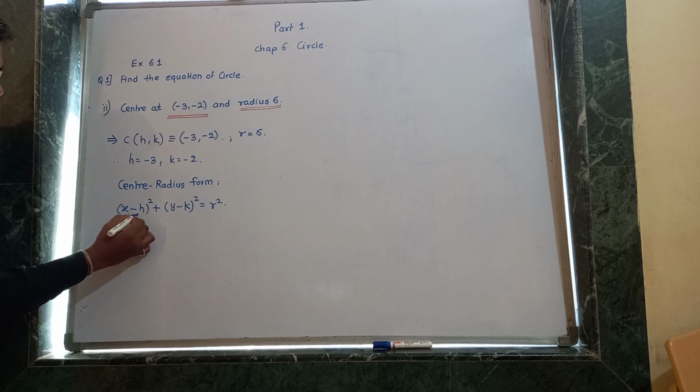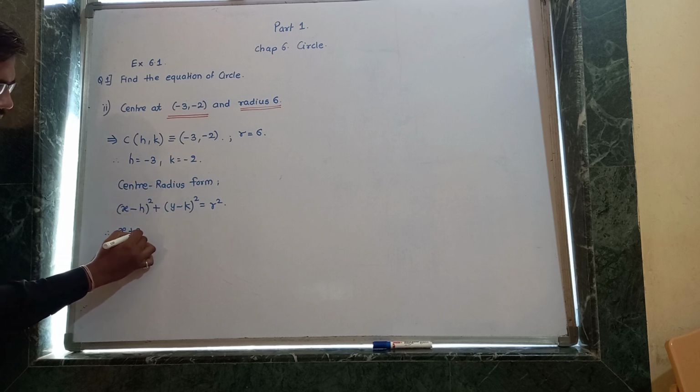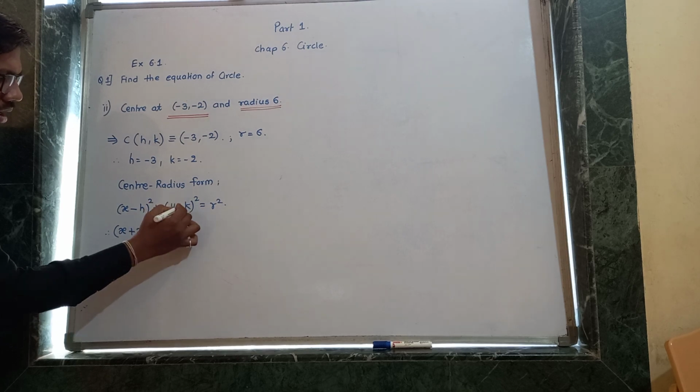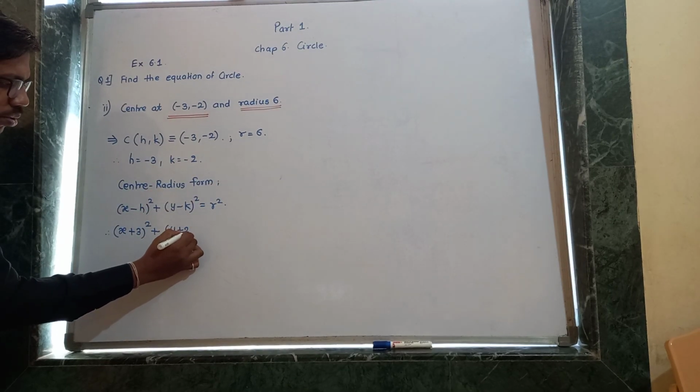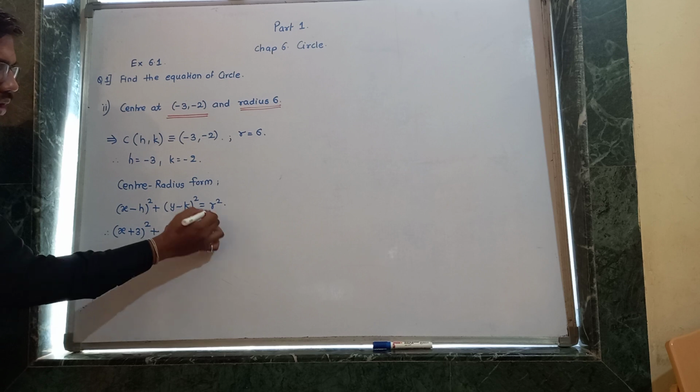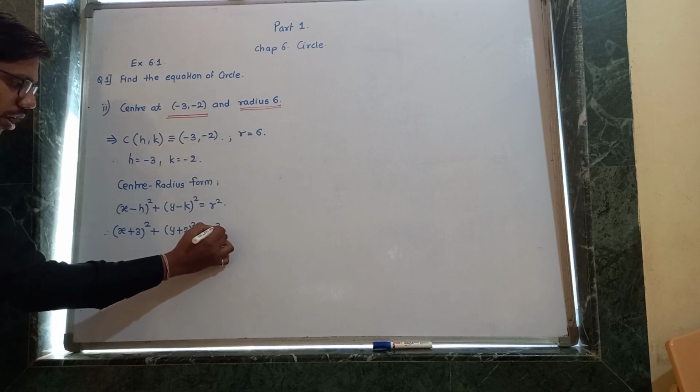Okay. So how much is h? h is -3. So x - (-3) will be (x + 3)² + (y - (-2)), that means (y + 2)² = r², and r is already given, 6².